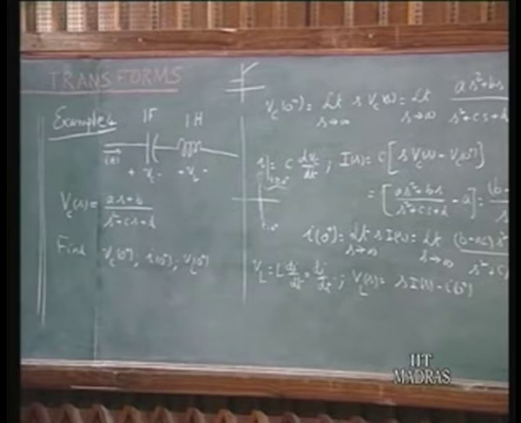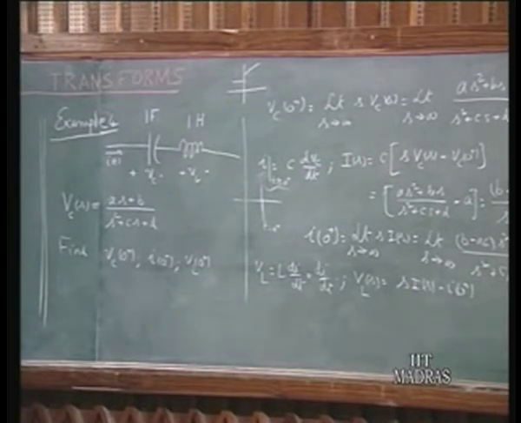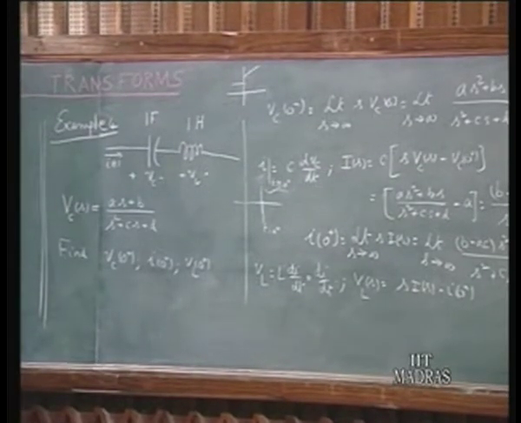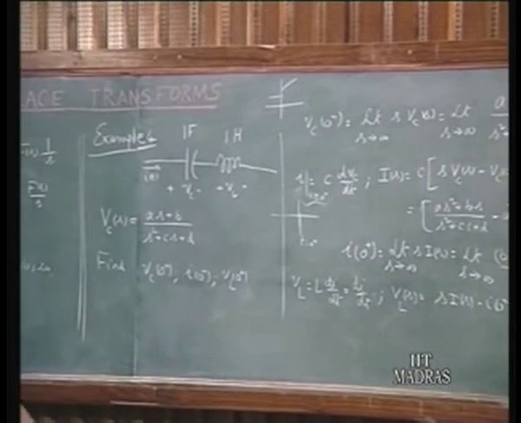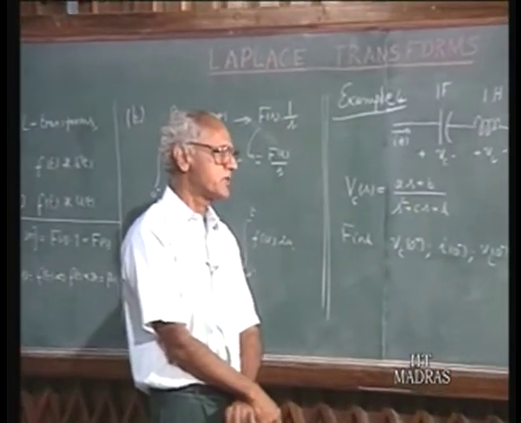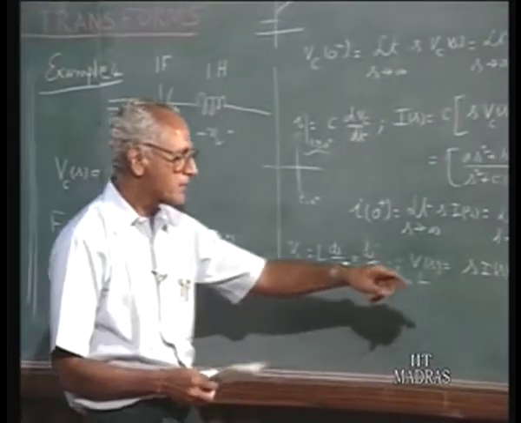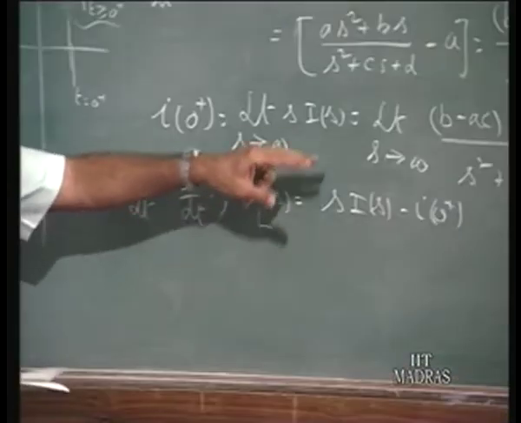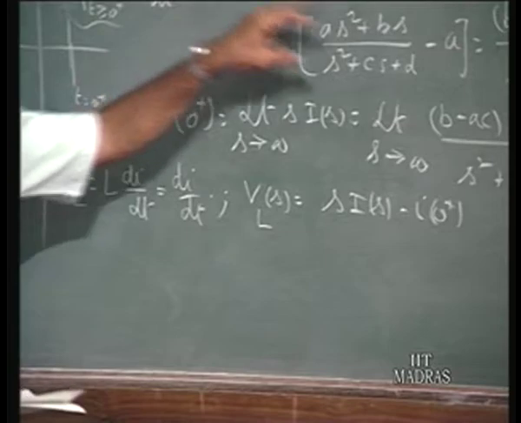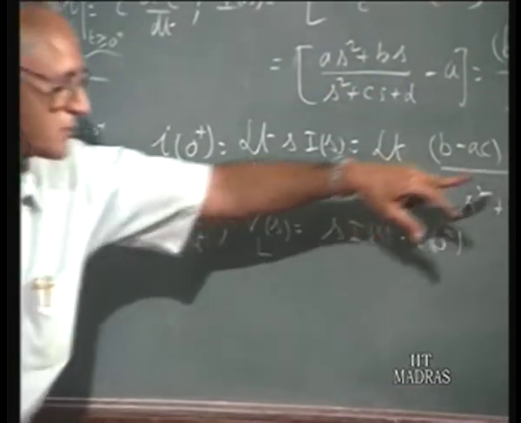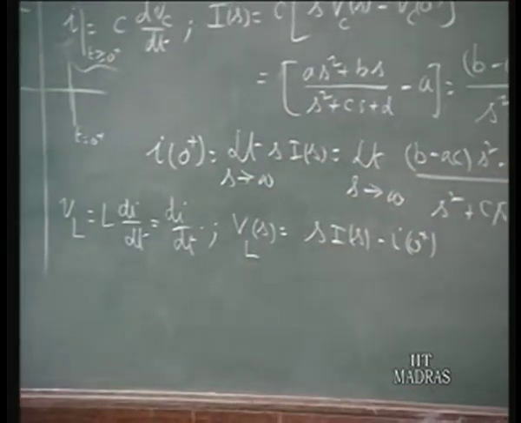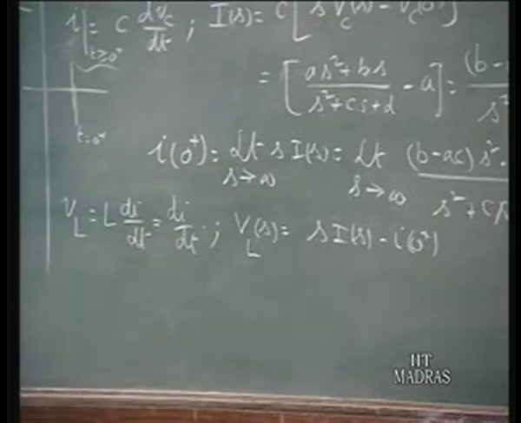Once again, we are taking the variation of the voltage across the inductance from t equals 0 plus onwards. We are ignoring any changes from 0 minus to 0 plus values. So we again multiply the expression for the Laplace transform of i, which is this one, by S, and substitute and remove from that I of 0 plus, which is B minus AC.